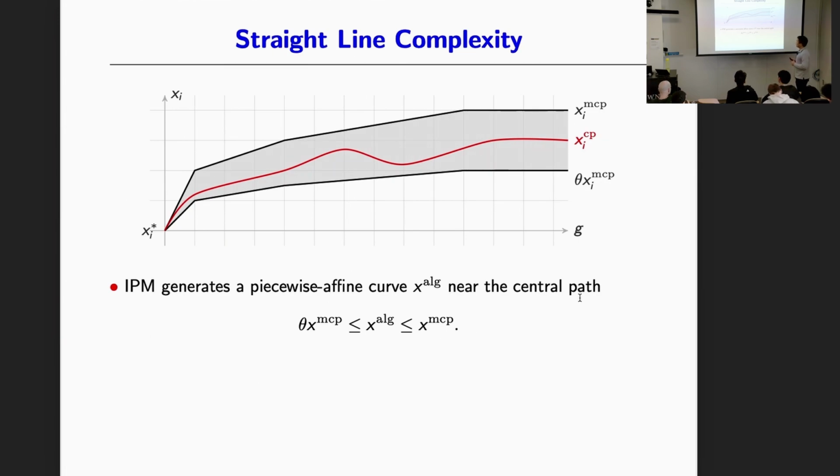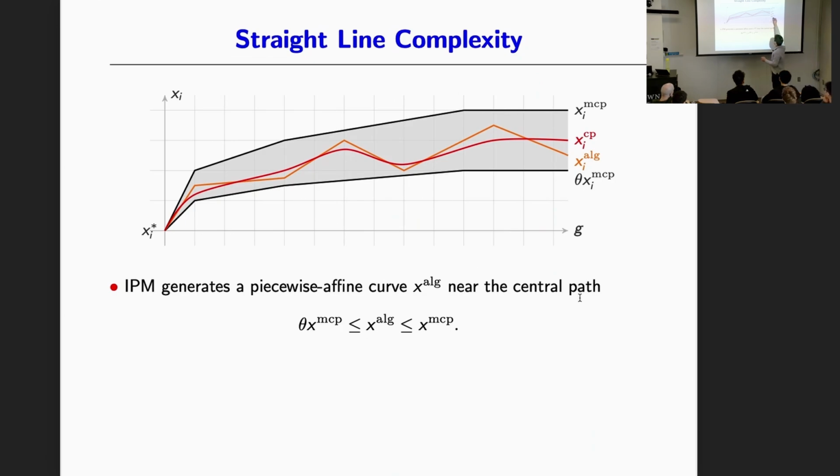Interior point methods follow the central path towards an optimal solution, which means they stay close to the central path. So if you pick theta smaller than 1 over 2m, you can essentially trap the trajectory of the algorithm in the theta neighborhood as well. This could be a potential trajectory of the interior point method.